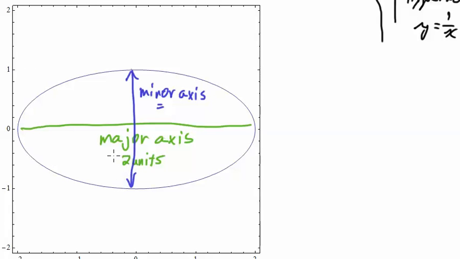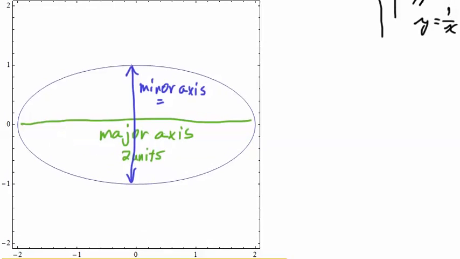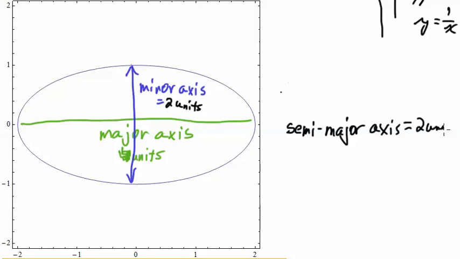And yeah, the major axis here is 4 units, sorry, because it goes from -2 to +2, which is not visible on the screen there. Okay, so this is 4 units, and the minor axis is 2 units. But we don't usually talk about the major axis and the minor axis. Instead, we talk about the semi-major axis, which in this case is 2 units, and the semi-minor axis, which is going to be 1 unit.